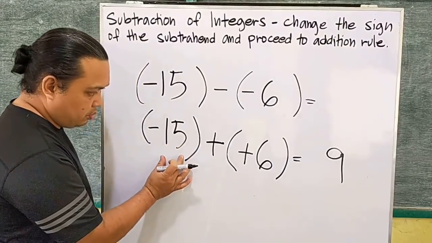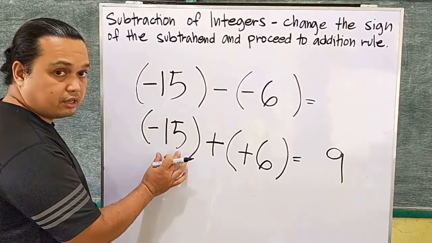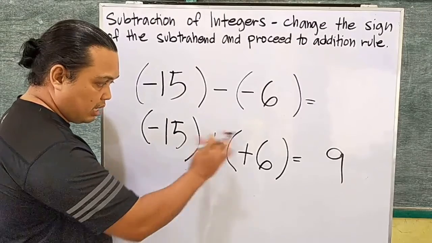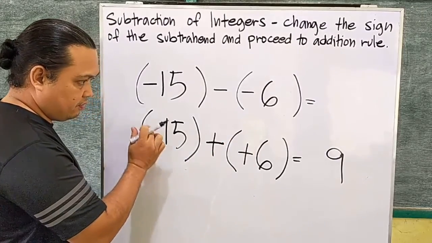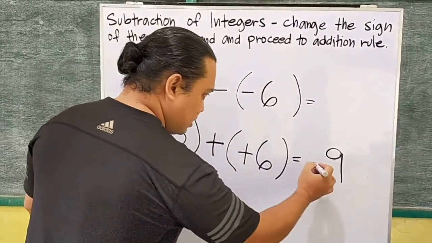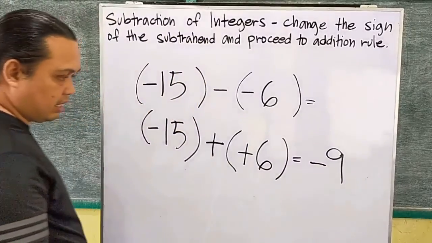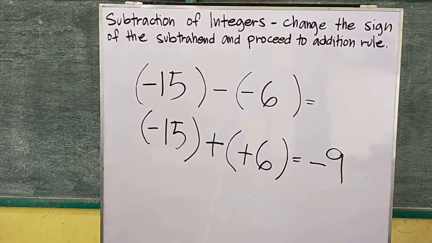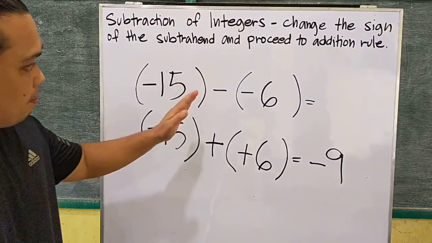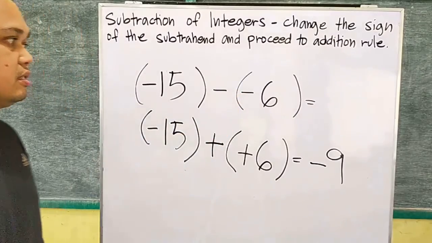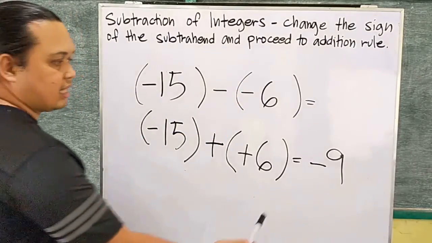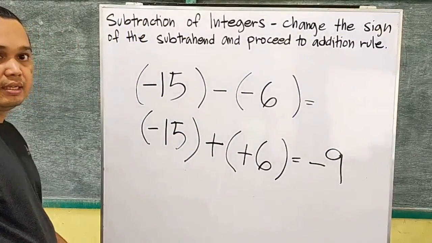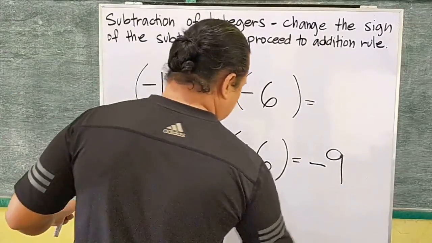Here, we have 15 for the greater value between the two, and its sign is negative. Therefore, 9 becomes negative 9, and that will be our answer. So, negative 15 minus negative 6 is equal to negative 9. Okay, so let's have some more examples.